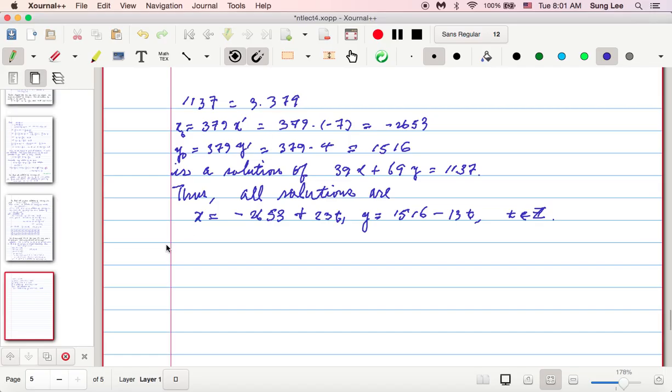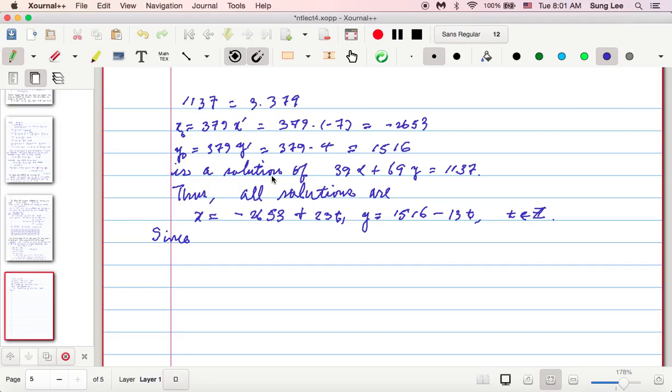So, we require that, since x and y, I think earlier I said that x and y have to be positive. That's not entirely correct, because there's a possibility that maybe he didn't buy any of the 39-cent pens, or maybe he didn't buy any of the 69-cent pens.